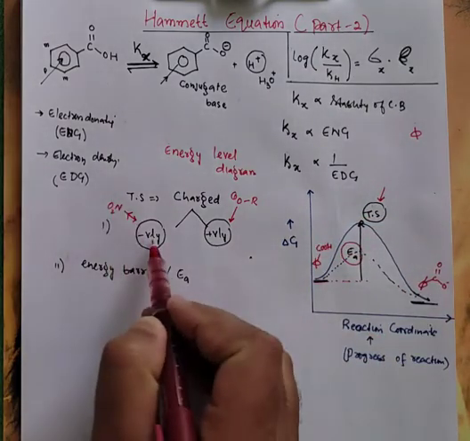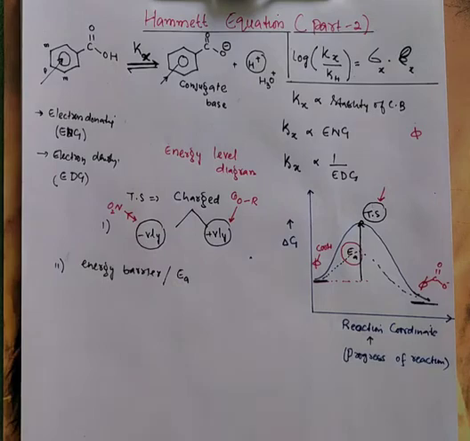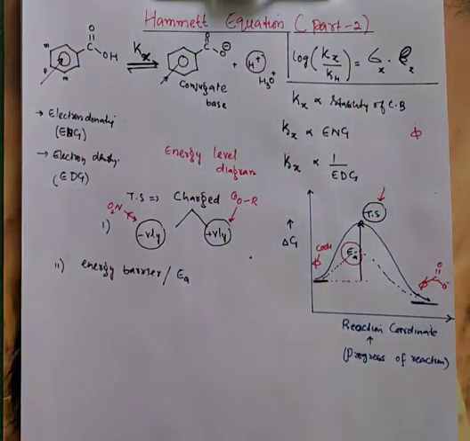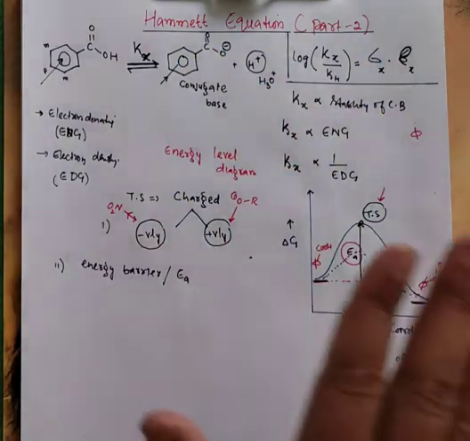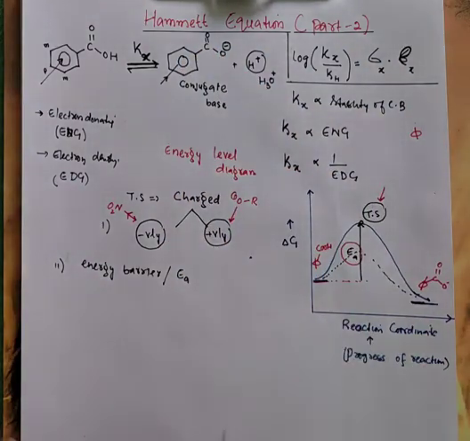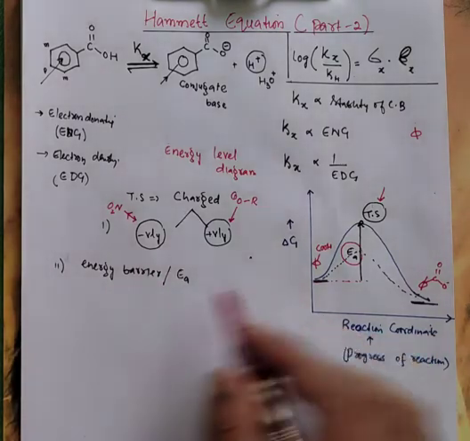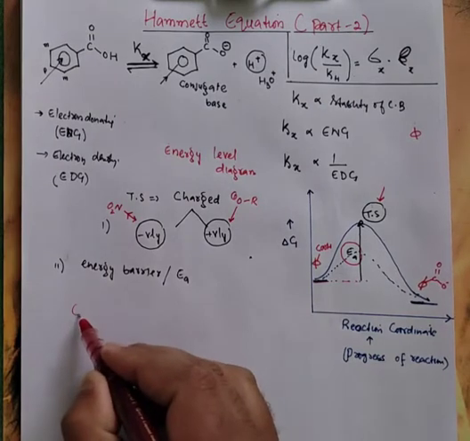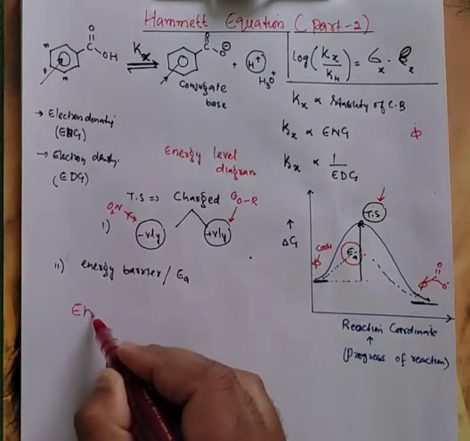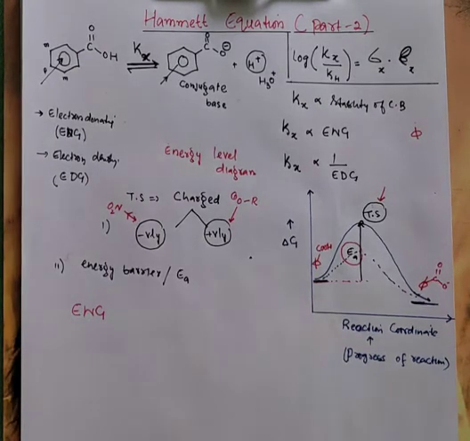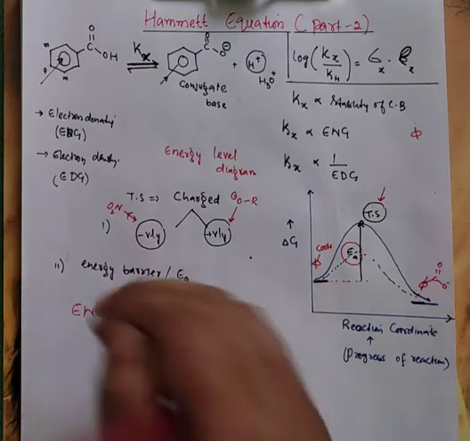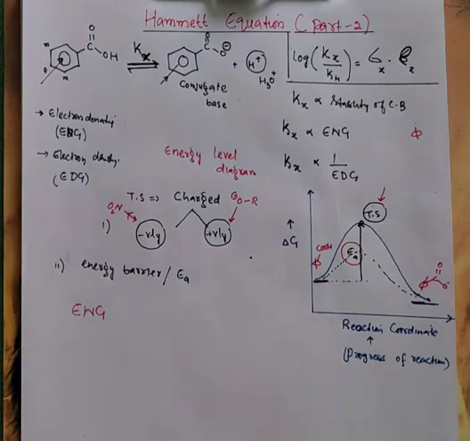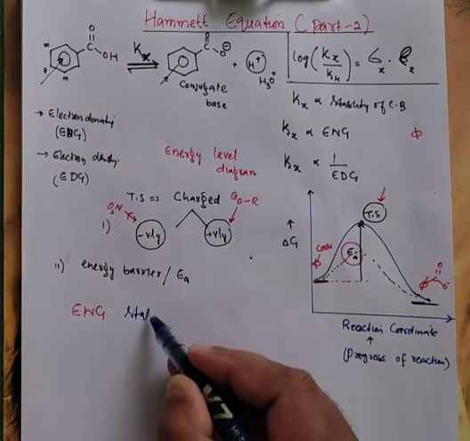Likewise, if it is negatively charged, then electron withdrawing substituents will minimize the charge because they will disperse this charge in the ring. But in this case we know it's negatively charged. This is point number one. So when we talk about electron withdrawing groups, they try to disperse this negative charge, so I should say they stabilize the transition state.